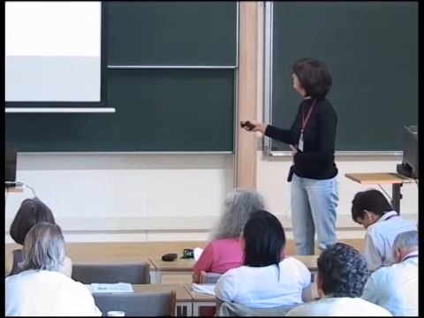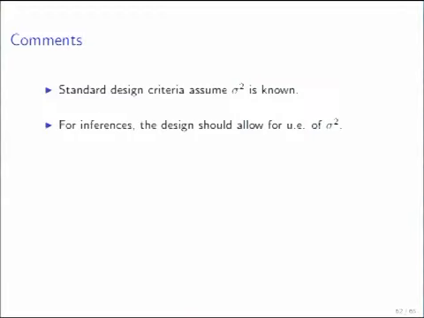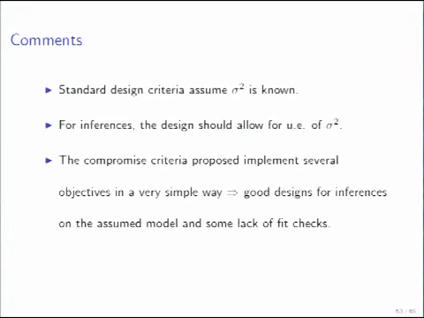So, to finish, I would like to say that the standard criteria assume that sigma squared is known. If that's not true, we should design so as to allow a valid estimate of sigma squared. And this idea of compromise criteria is very simple and easy to implement.